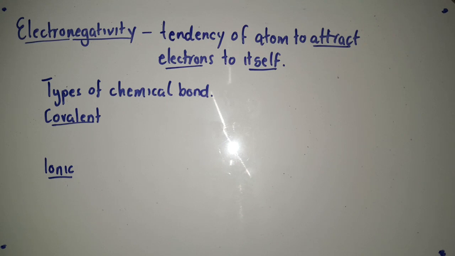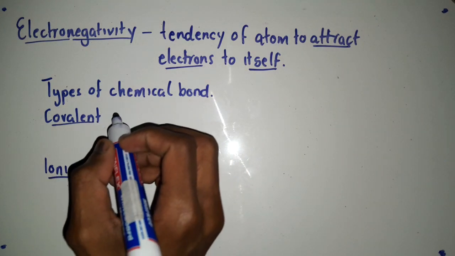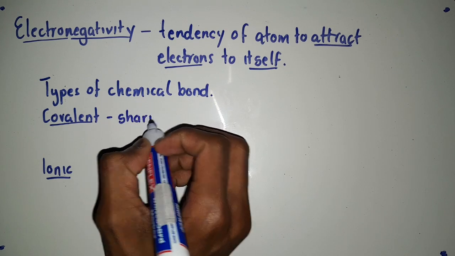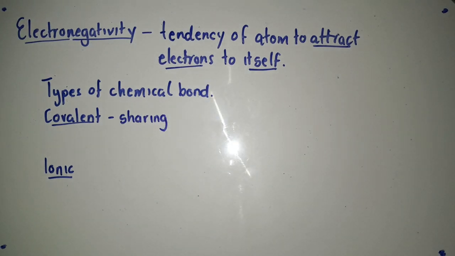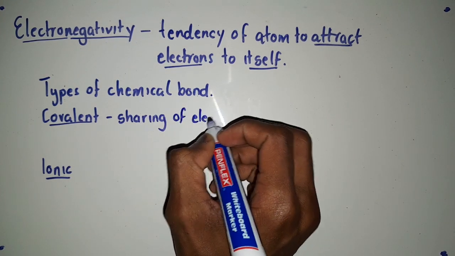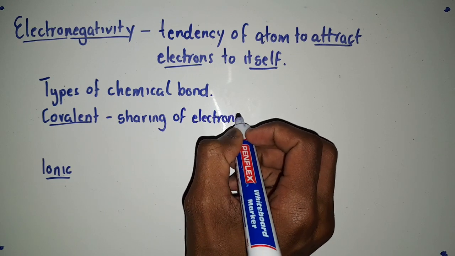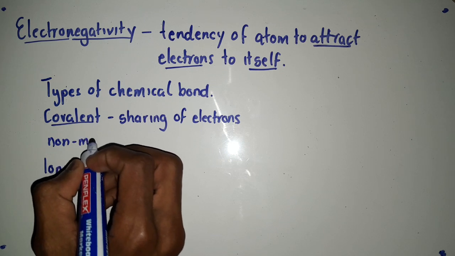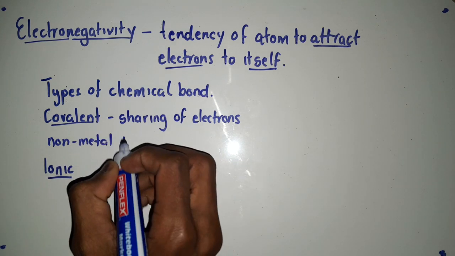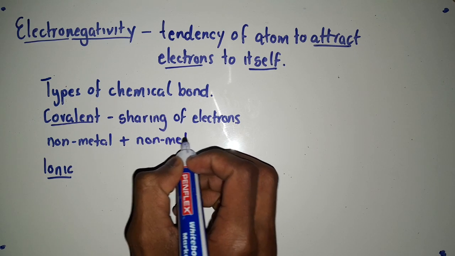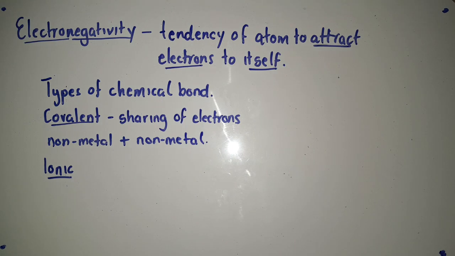A covalent bonding has to do with the sharing of electrons between a non-metal and another non-metal. Then we also have the ionic bonding.